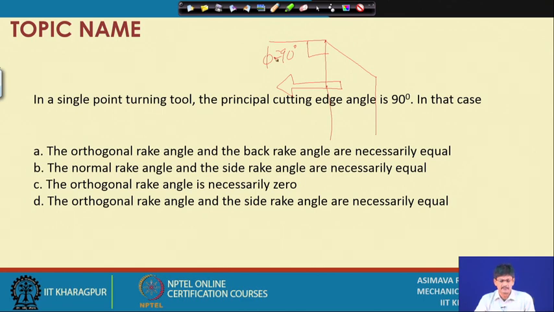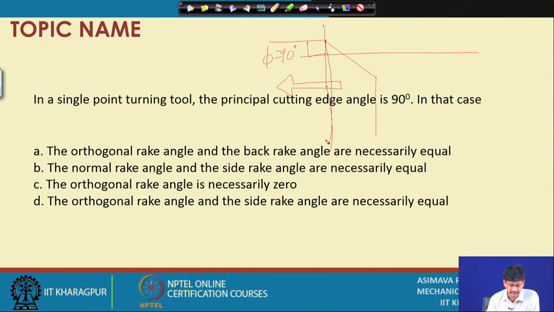Now, what does this mean? Orthogonal rake is measured in a section 90 degrees to the cutting plane, so the orthogonal rake must be in this section, and the back rake angle is in this section. So, they are not necessarily equal, they are completely different.